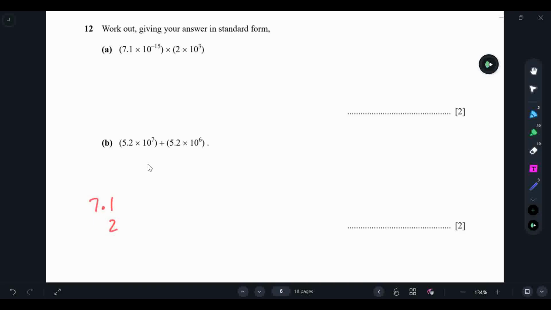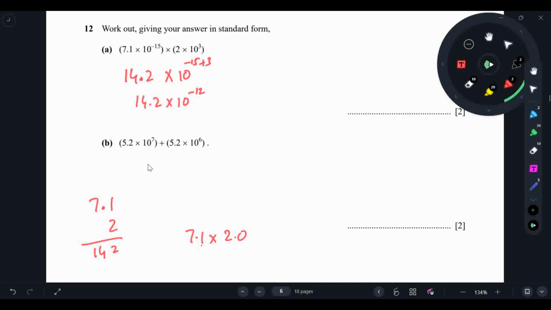So 7.1 multiplied by 2 will be equal to 14.2. So 14.2 multiplied by 10 raised to the power minus 15 plus 3. Just add the powers: 14.2 multiplied by 10 raised to the power minus 12.